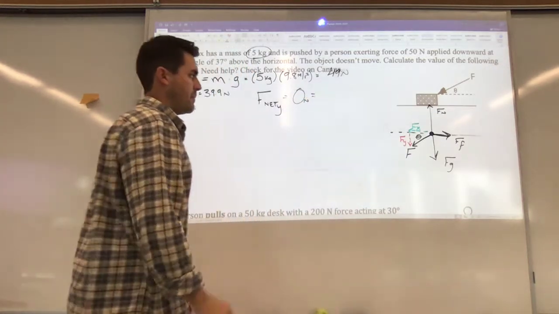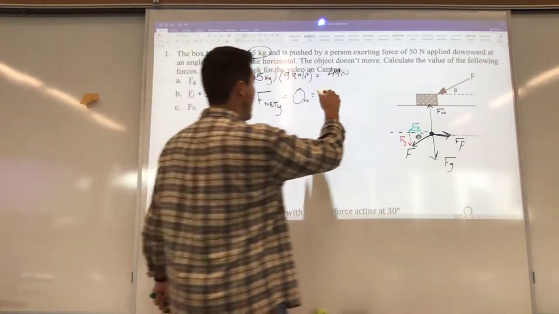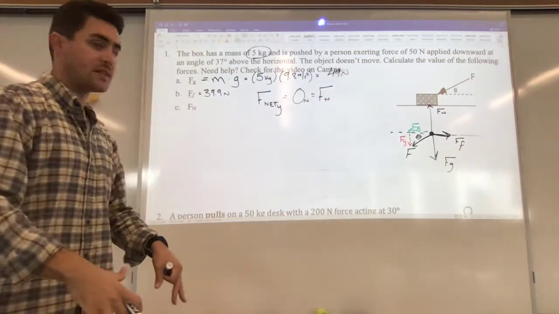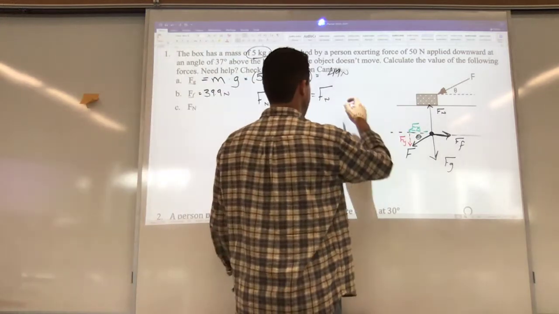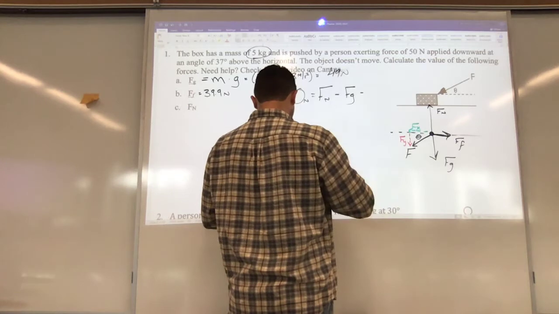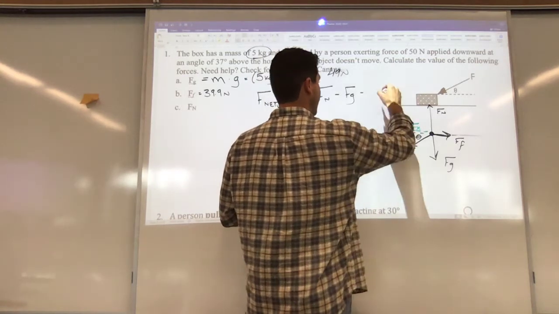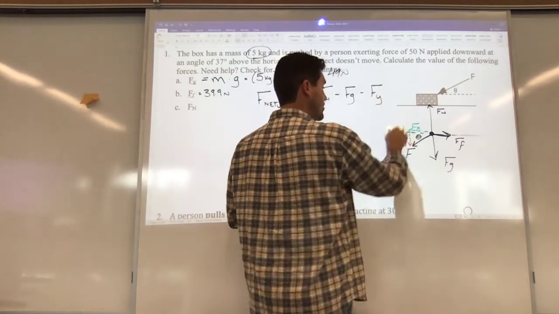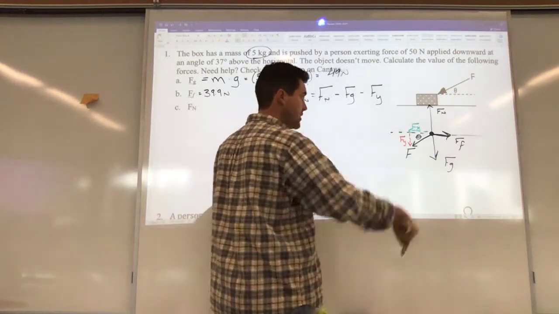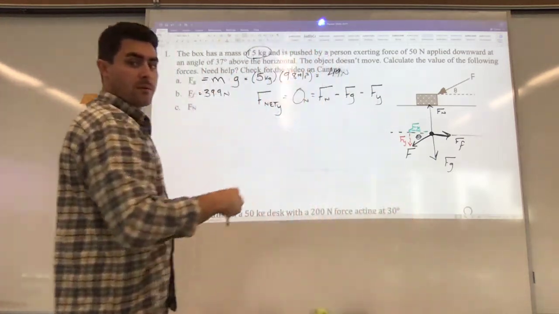What forces are at play? Well, Fn is pointed up, so Fn minus all the forces pointed downward. Pointed downward we have Fg, and we also have F applied in the y direction. This component is pointed down. So Fy is down, Fg is down, but Fn is up.